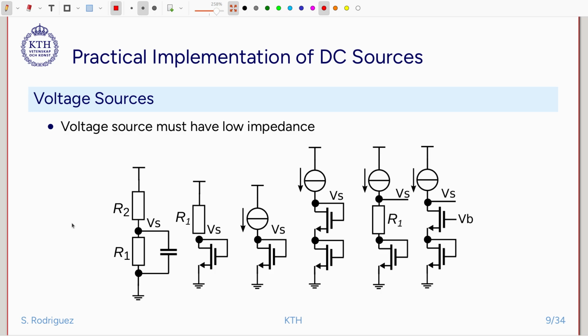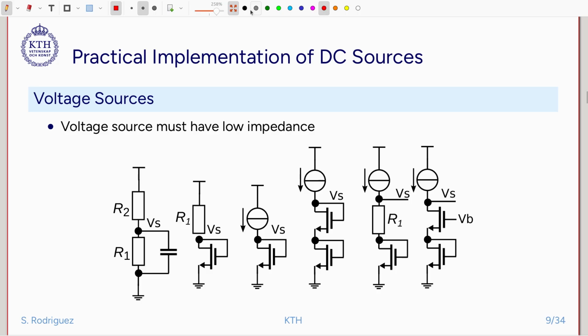So we can use a coupling capacitor to reduce the impedance of the node in the frequency of interest. So this is one way of implementing a voltage source. It is not very amenable for integration if the resistors are very large, but it is one way of implementing a voltage reference, a voltage source.